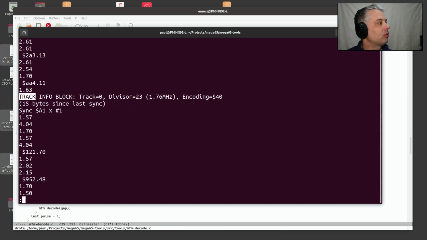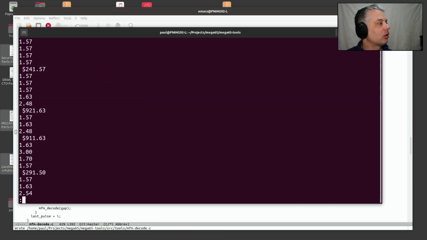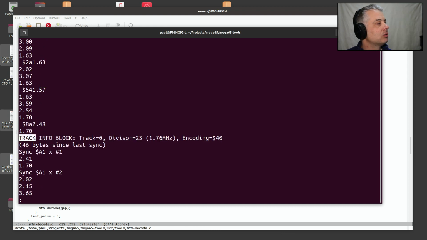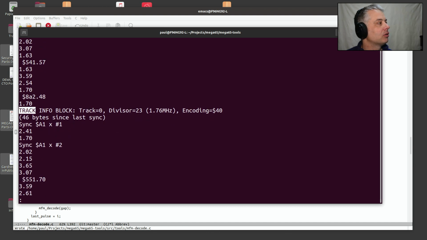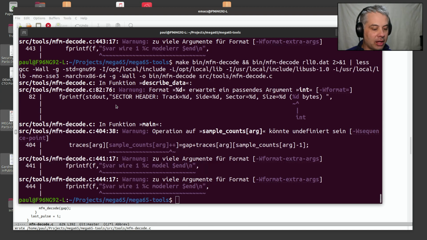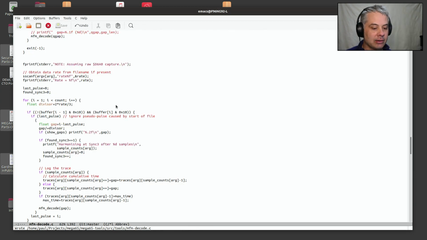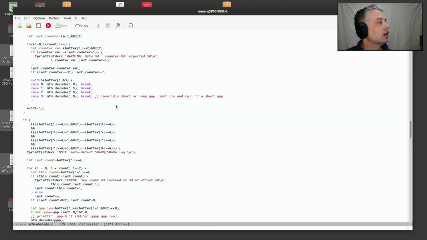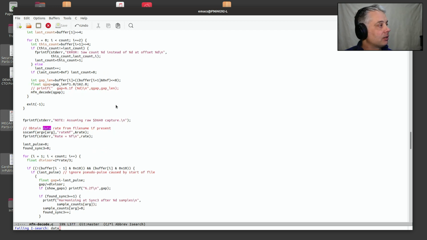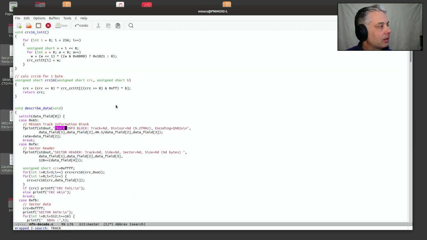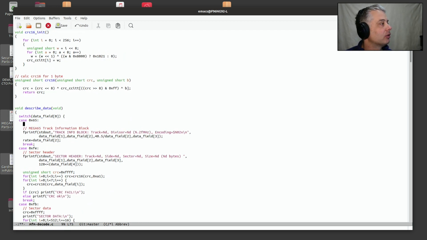And that's a good, oh no, it's just a single sync on its own. Track info block. Actually, we need to fix that decoder. Data, oops, track info block.